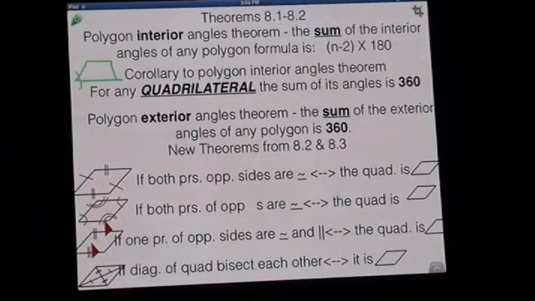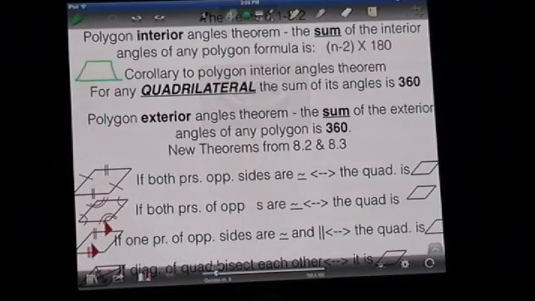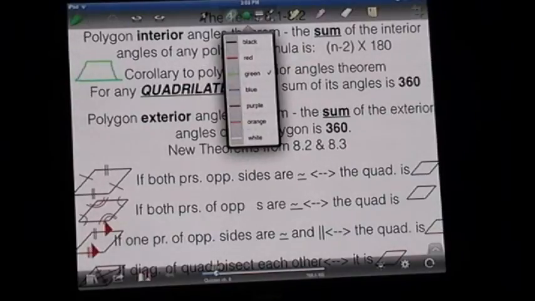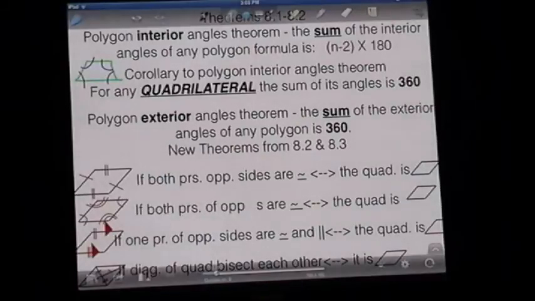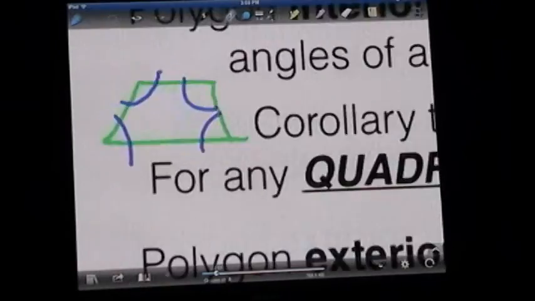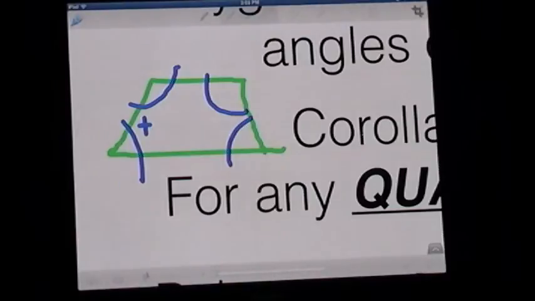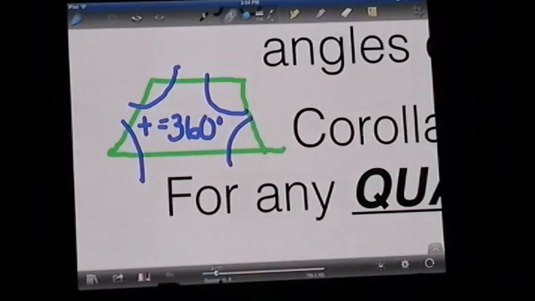I wouldn't make it look like any particular quadrilateral if I were you, because you would think it was only for that kind. So any quadrilateral, and then I would put in there a plus sign and equals 360. Okay, that's for any quadrilateral.